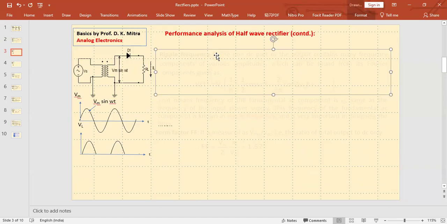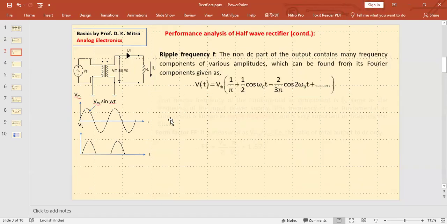Next we are continuing with the performance analysis. Then we have the ripple frequency. As I said, this half-wave will have an AC component. Now, please remember your Fourier analysis, used to find the Fourier equation or Fourier equivalent of any time domain signal.